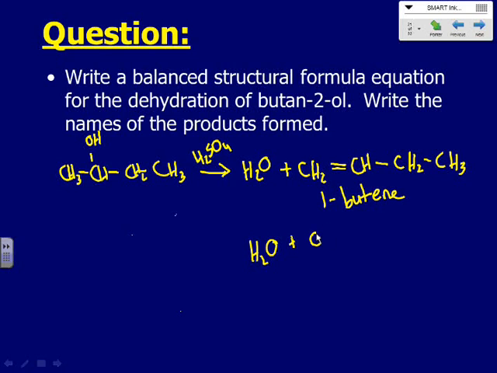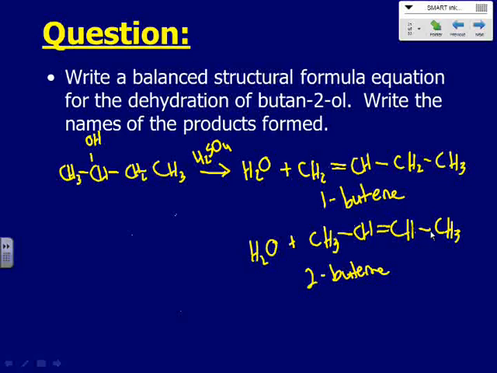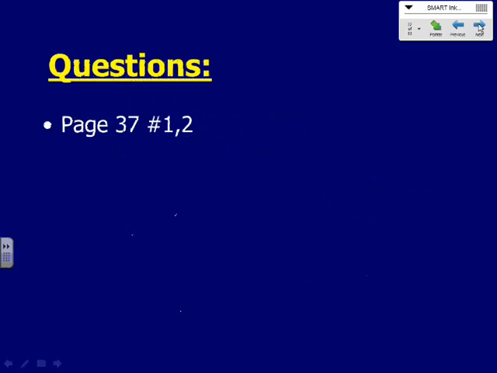H2O, CH3, CH, and now this guy has the double bond right there. We needed to remove one of those H's. CH and CH3, all right? And this is 2-butene, all right? There would actually be geometric isomers for this, so you might get some cis-2-butene and some trans-2-butene, and one would be more than the other, but you don't have to worry about that stuff here, okay? All right.